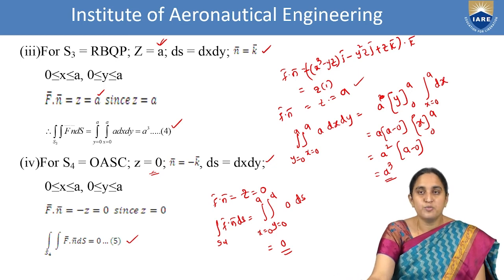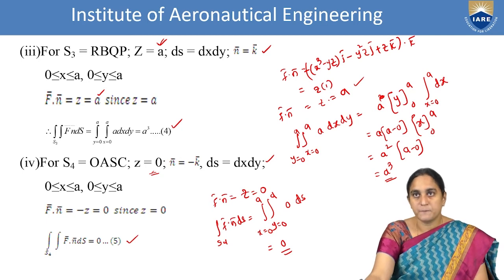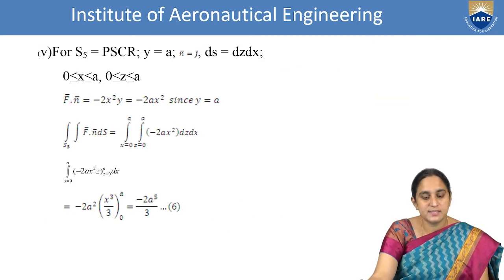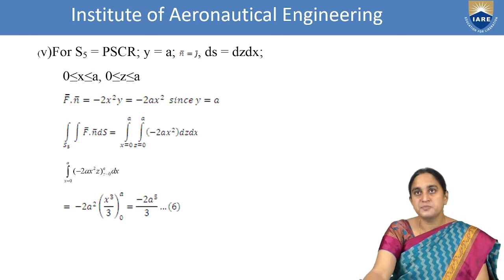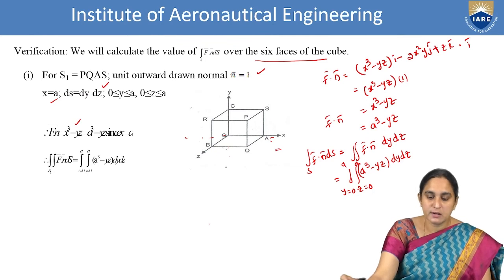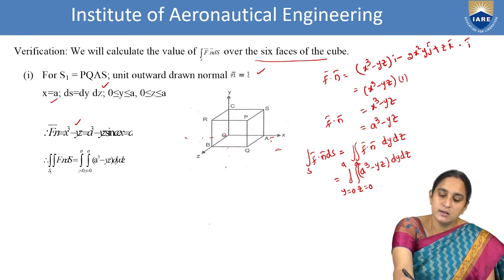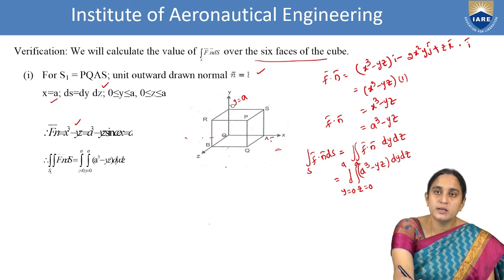Okay, now we discussed how many phases. Two phases are on x-axis and two phases are on z-axis. Now I'll continue remaining two phases on y-axis, right? Okay, next. Okay, for S5. What is S5 here? Once you observe the diagram, PSCR, which is on the positive side of the y-axis, that limit points here y is equal to a and the unit normal vector is what?